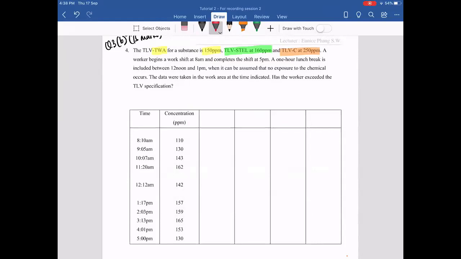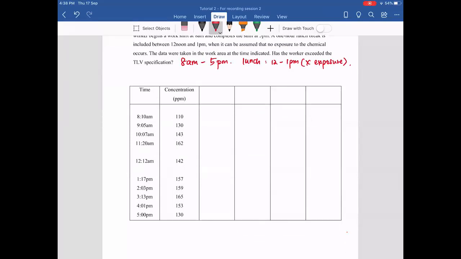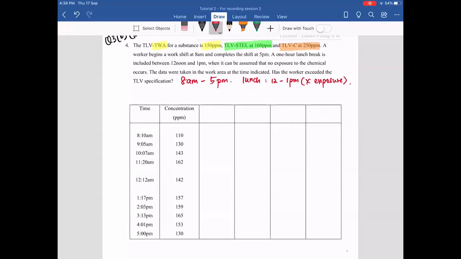These workers start at 8 a.m. and work until 5 p.m. Lunch break is from 12 to 1 p.m., meaning between this time, there is no exposure. So you can start calculating it. I give you about 10 minutes to try this.